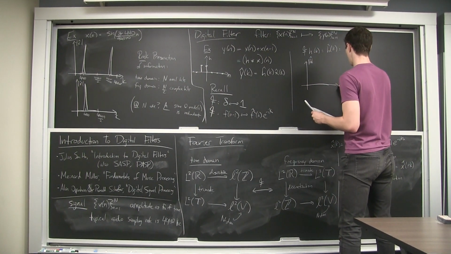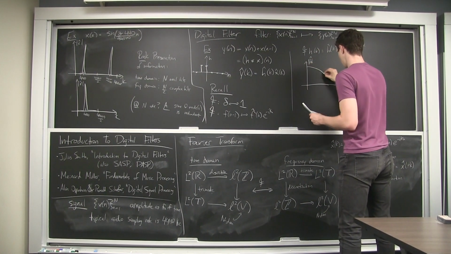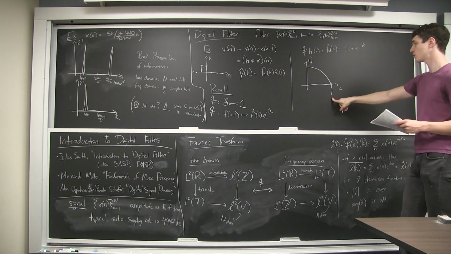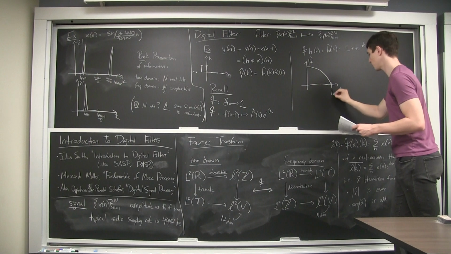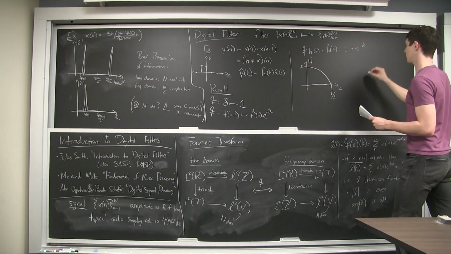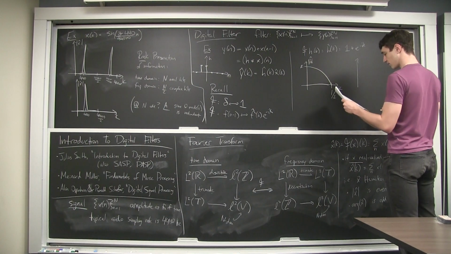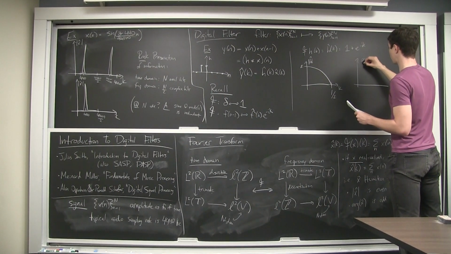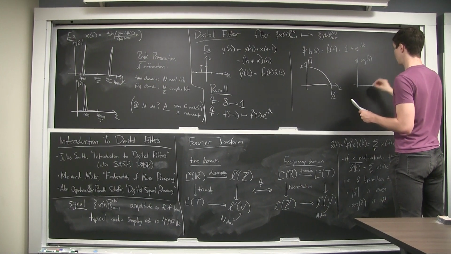Here's the modulus. It's part of a cosine, and I've normalized everything so we're at sample rate 1, so this should go up to 1/2. It starts at 2 and goes all the way down here. And the angle of our function, the argument of h hat, is a linear decrease down to negative pi over 2.